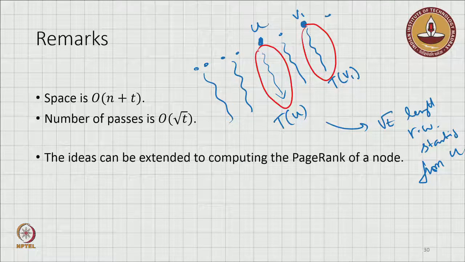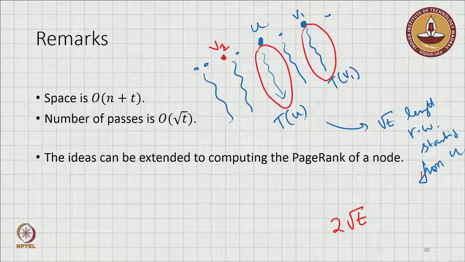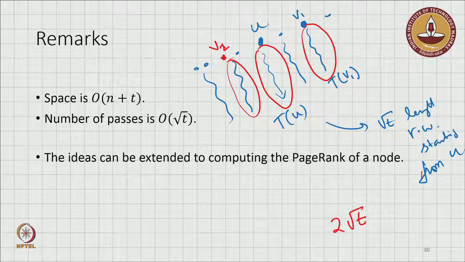We will get a random walk of length 2 times square root of t starting from u. And we can continue this. Now t of v1 may be this vertex v2. Then we can take this and stitch it with the rest, and you will get a random walk of length 3 times square root of t.